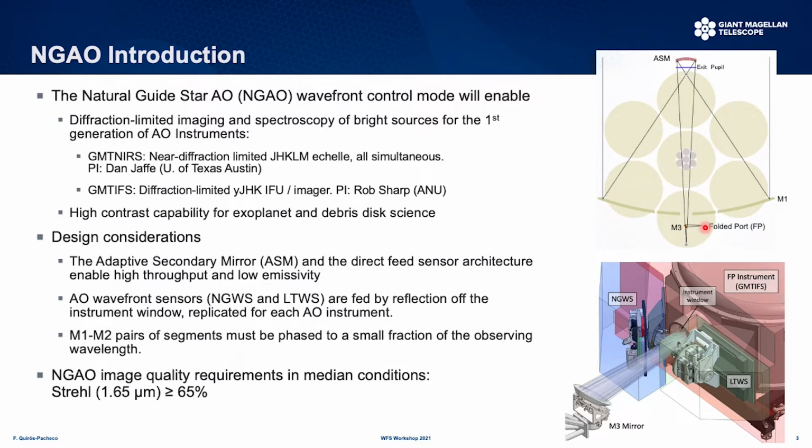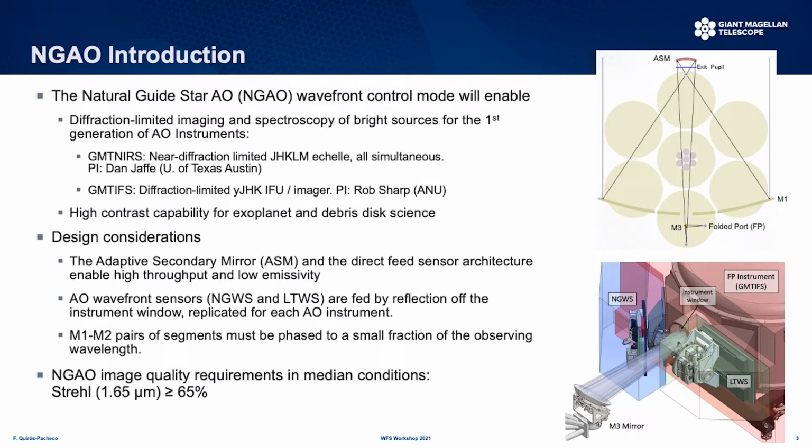And AO wavefront sensors, both the natural guide-star wavefront sensor and the laser tomography wavefront sensor, are fed by reflection of the instrument window, and this architecture is replicated in every instrument in the folded ports.